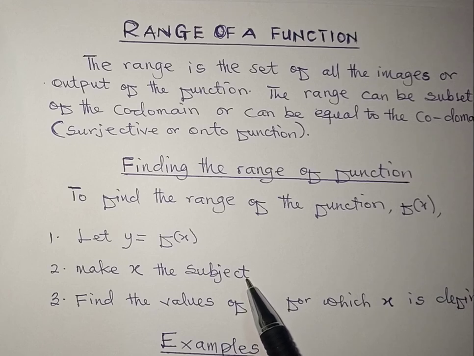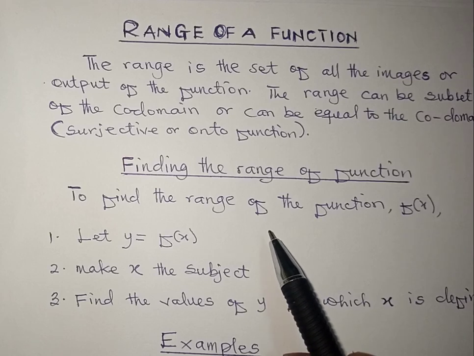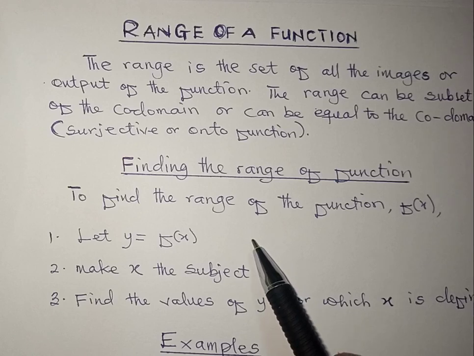When we say output, we are talking about elements of the codomain. We can also say that the range of a function can be a subset of the codomain. Or the range can also be equal to the codomain.